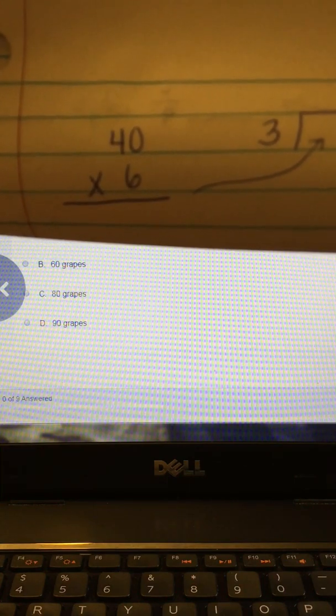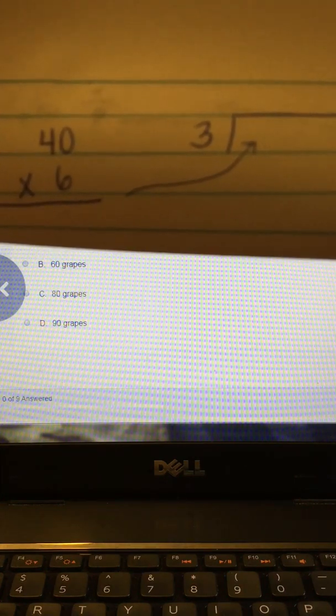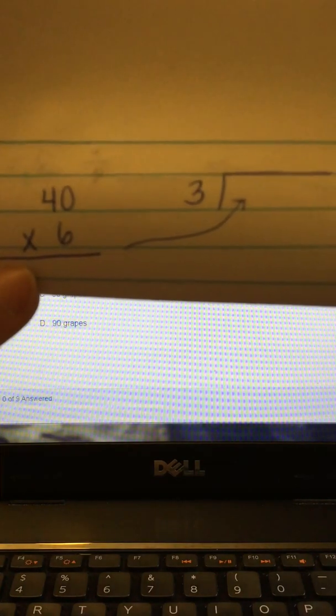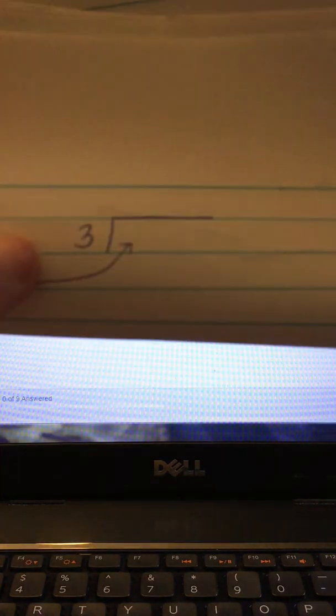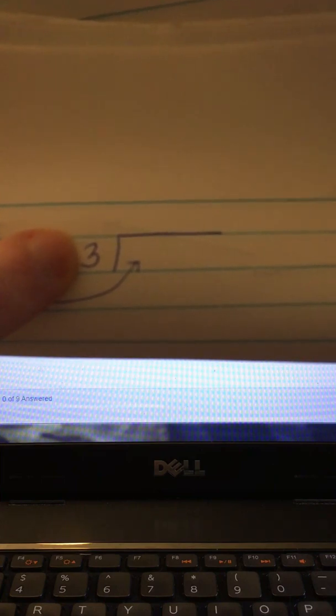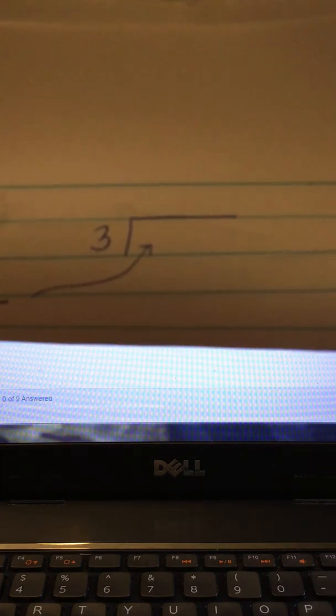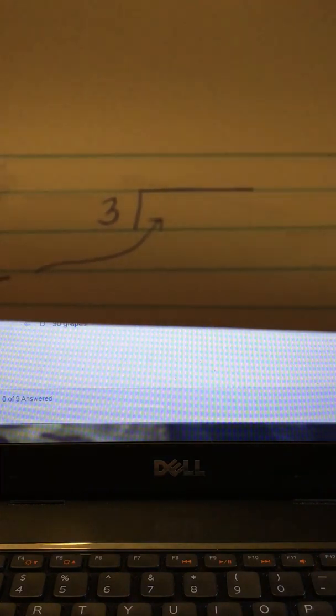So we need to do a multiplication problem that looks like this: 40 times 6 to find your total of grapes. Once you find your total of grapes here, then you need to take that number and divide it by 3. You could do that by doing a tape diagram and doing fair share.